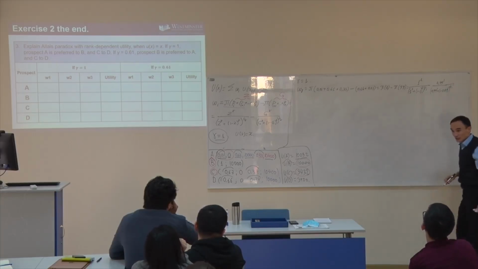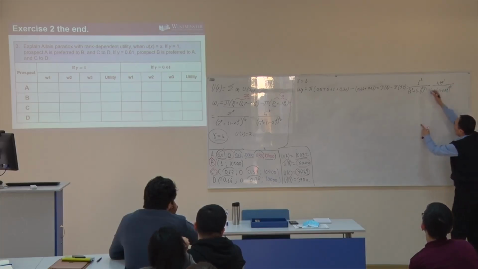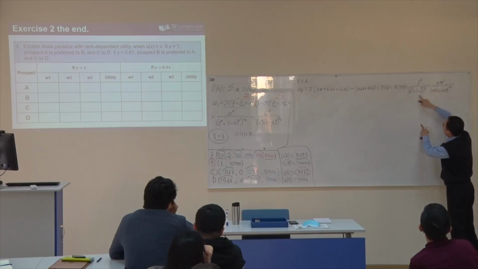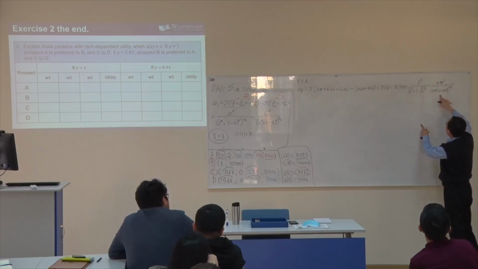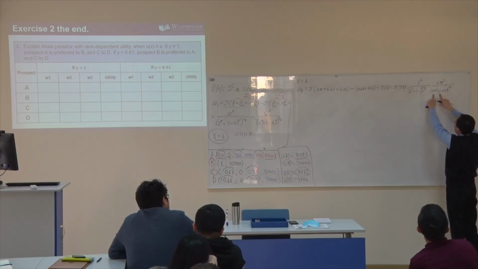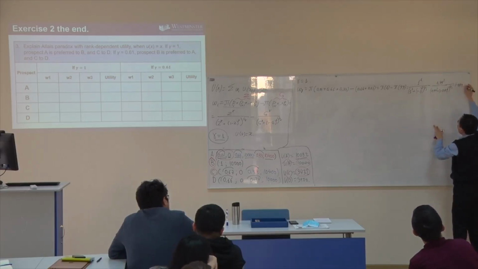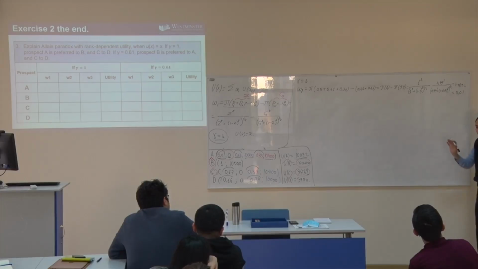What is it equal to? If gamma is 1, it will be 0, 1. So this and this will be cancelled out. It will be 1, so 1 minus 0.99, which is equal to 0.01. There is no weighting.